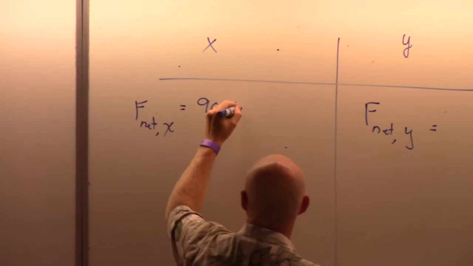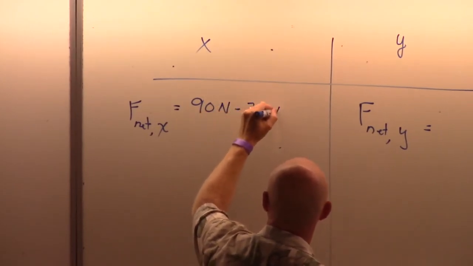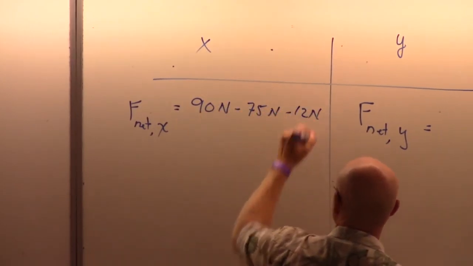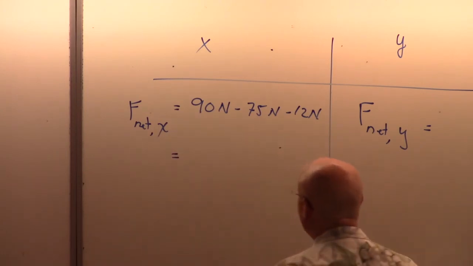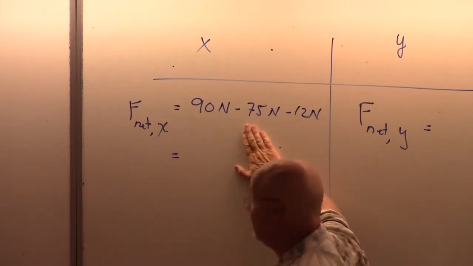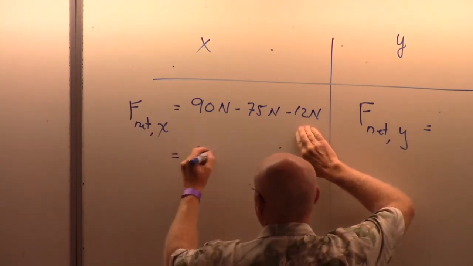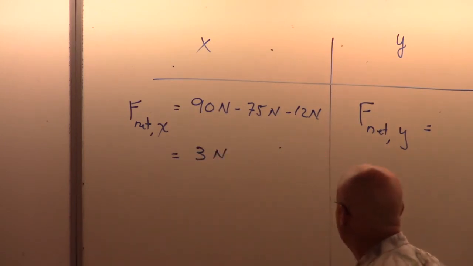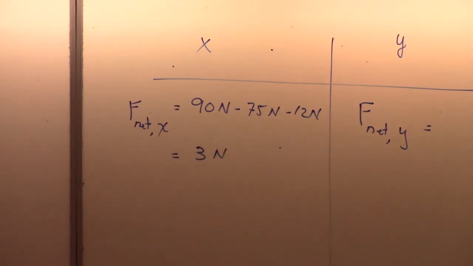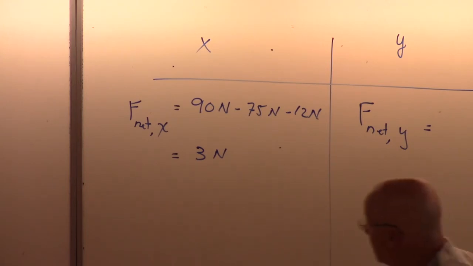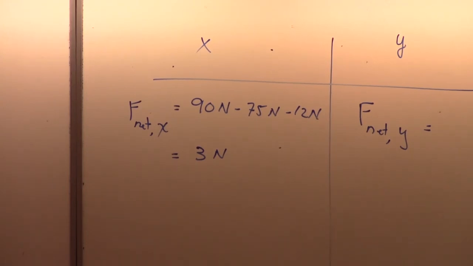So 90 minus 75 minus 12. 90 minus 75 is 15, minus 12 more would make a 3. Was it really a 75? Yeah, 75. Okay.